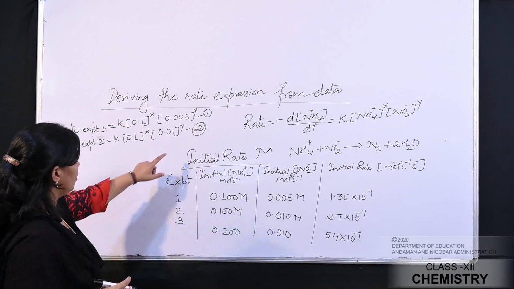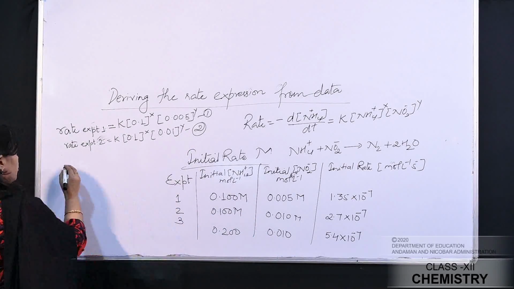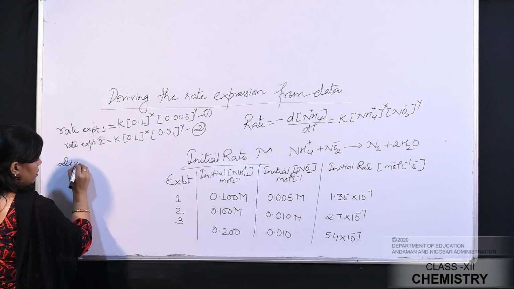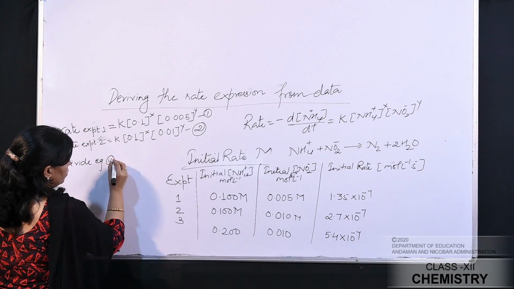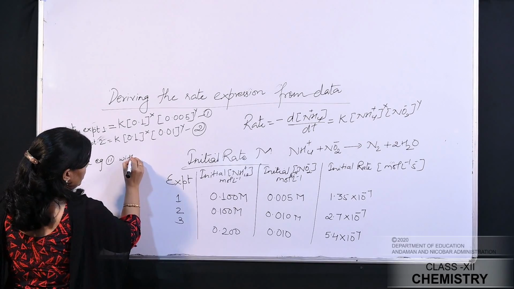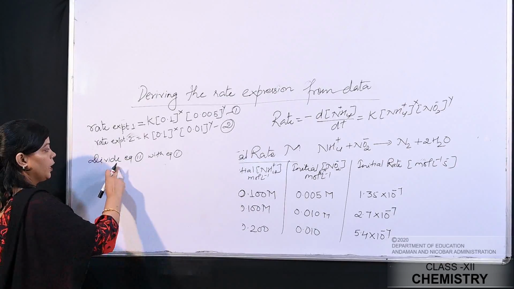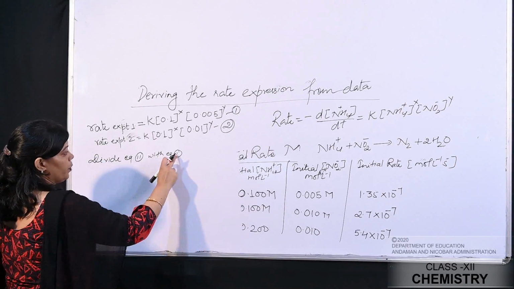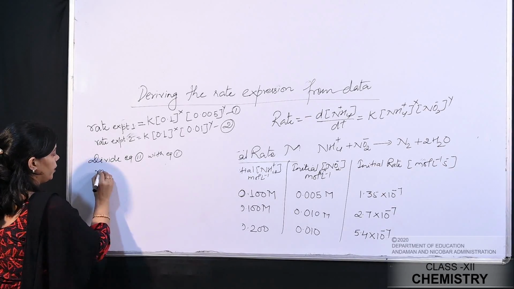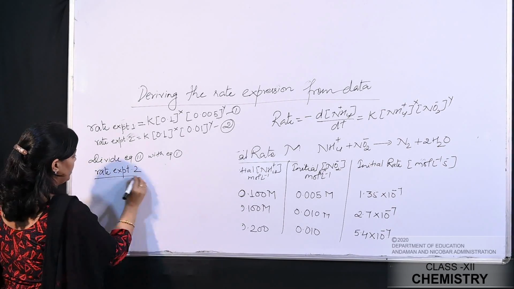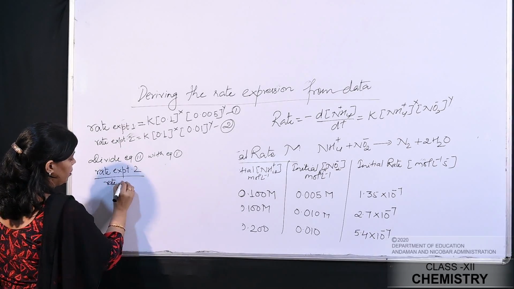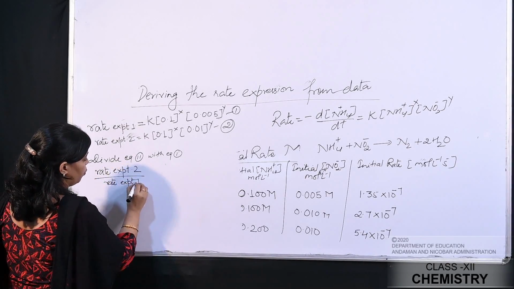To get the value of y, I am going to divide equation 2 by equation 1. Dividing equation 2 by equation 1, we get the rate for experiment 2 divided by the rate for experiment 1.